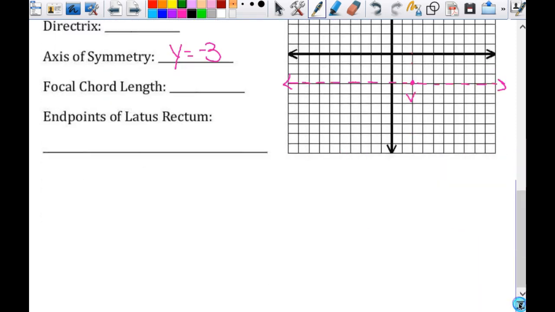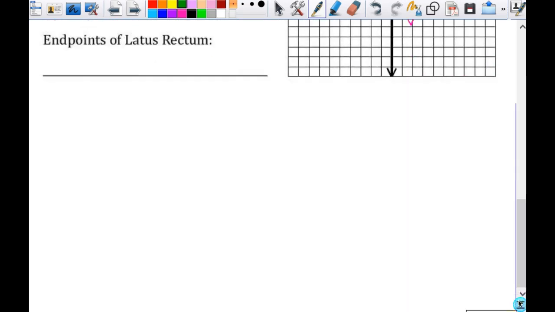I think you have more room underneath than you do right there. So we'll take this, the x, which is 10, minus the h, which is 2, squared, equals 4p, which we don't know, times y minus k, 5 minus a negative 3. Am I doing this wrong? What did I do?